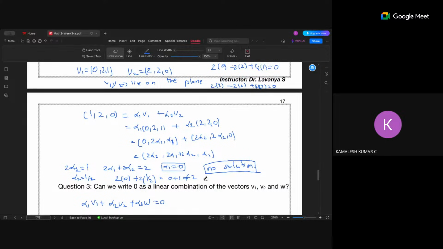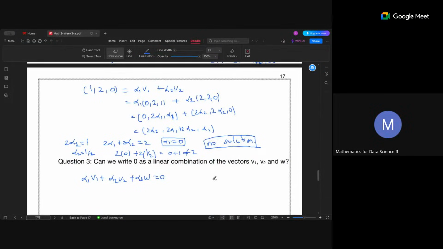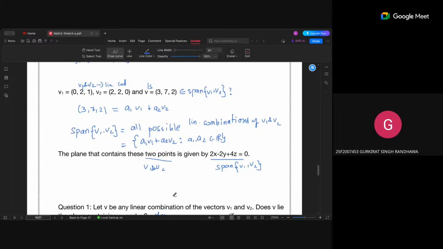Because v1 and v2 lie in a plane and w lies in another plane. So w is not equal to alpha 1 v1 plus alpha 2 v2 for any alpha 1, alpha 2. So this is also not possible. So the only possible solution is alpha 1, alpha 2, alpha 3 are 0. All the coefficients are 0.